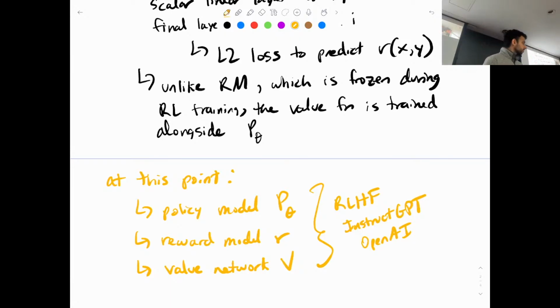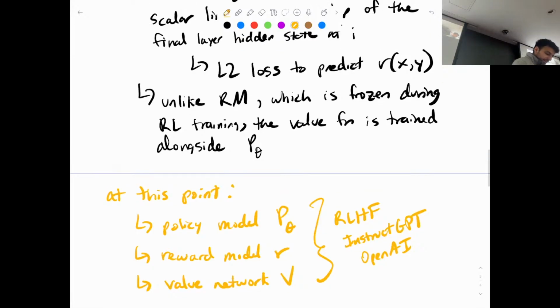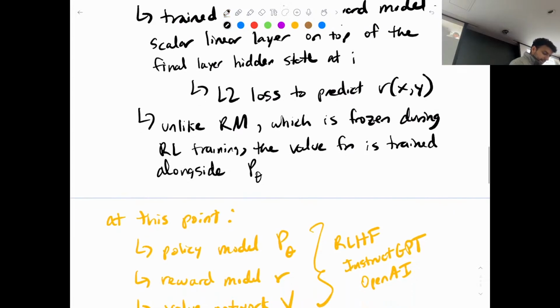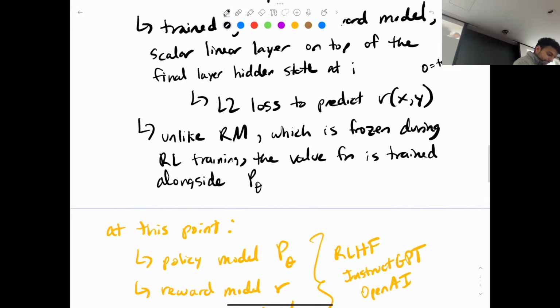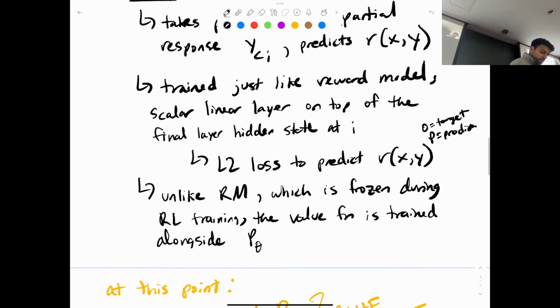Yes? What is the L2 loss thing that you said? Oh, it's the square loss that we saw. So if you have, let's say, O is your target and P is your prediction, it's just this quantity.